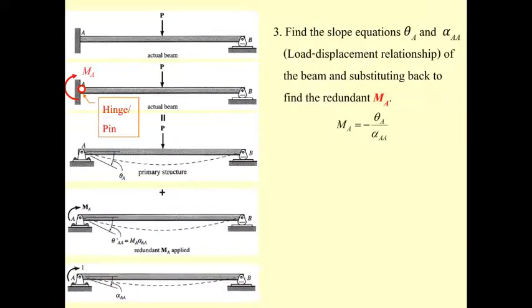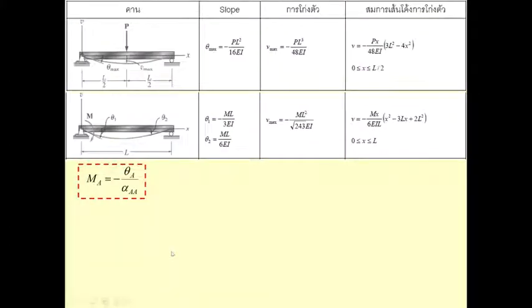And then we use many methods to solve for the slope. And from the table, okay, we can solve for theta sub A and for alpha sub AA easily. Okay, coming to this, this is the beam with the force P. We are going to find theta max.